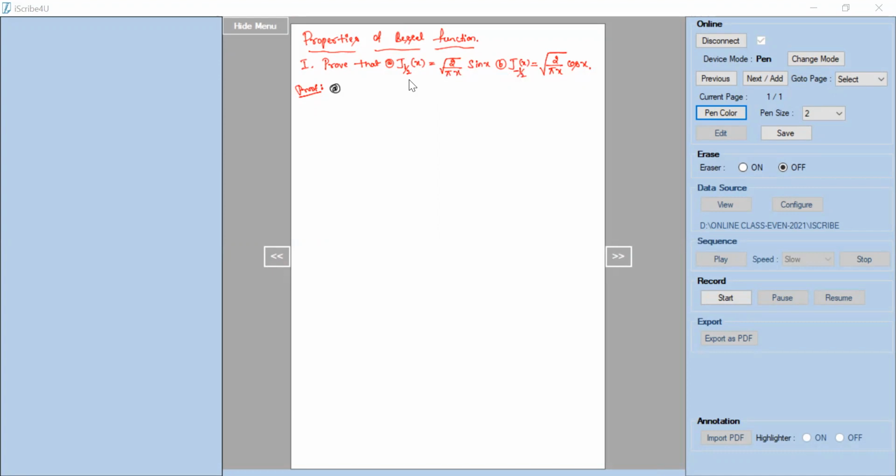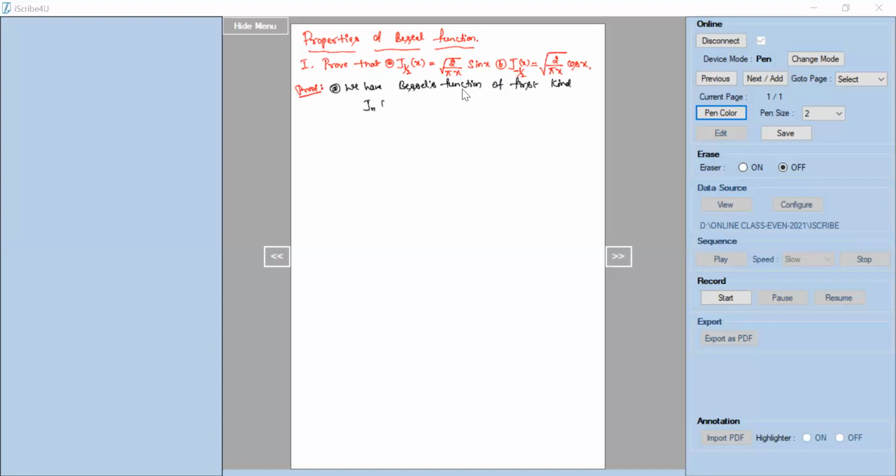I'll start with the first one: J half of x equals square root of 2 by pi x into sin x. To prove this, we have the Bessel function of first kind, which is defined like this.